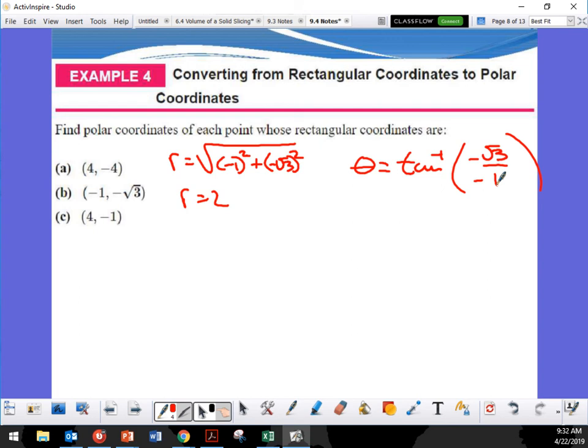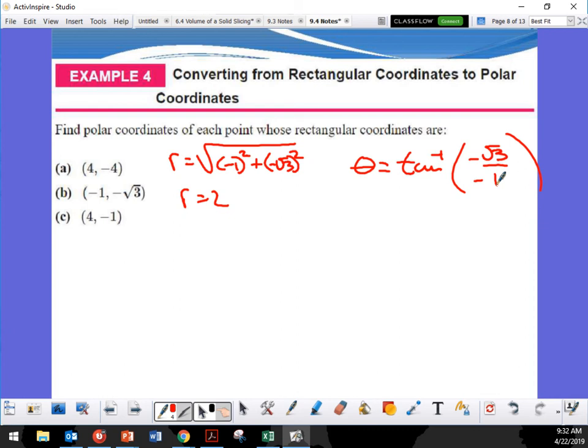And which value is going to give me that? So in quadrant 3, that's going to be like 7 pi over 6, 5 pi over 4, and something over 3, right? So 5 pi over 3? 4 pi over 3, yeah, 4 pi over 3.